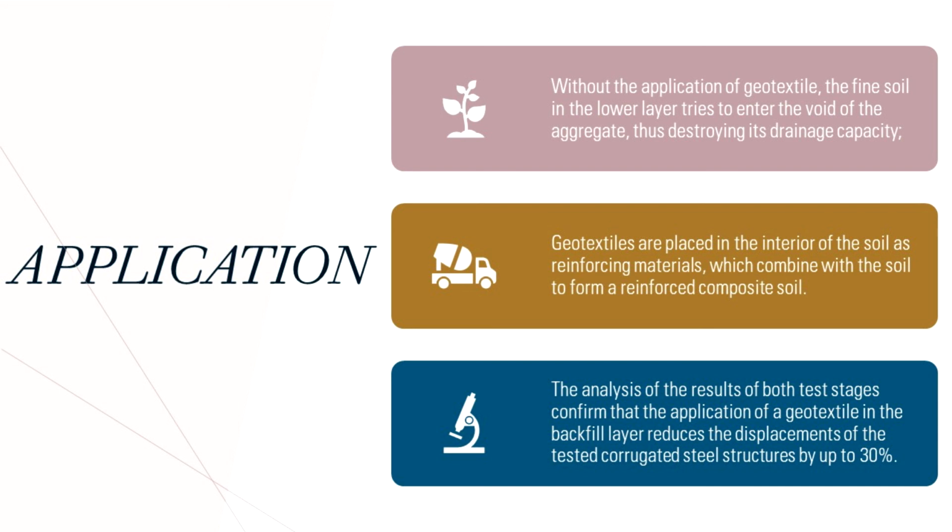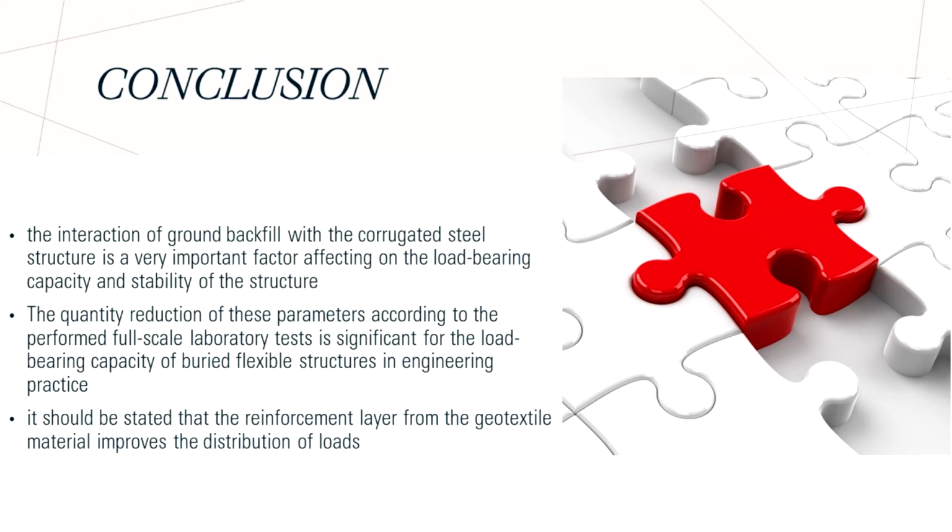This is the last part, the conclusion. The interaction of the ground backfill with the corrugated steel structure is a very important factor affecting the load bearing capacity and stability of the structure.